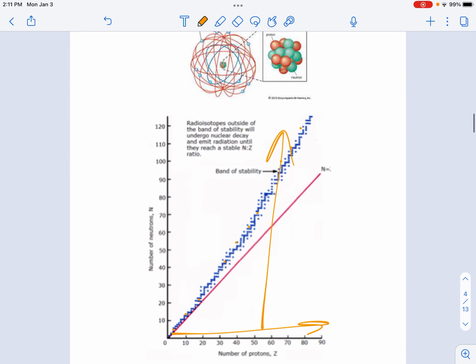The point is that as you get more and more protons shoved into a nucleus, the atoms become less and less stable. And eventually, you'll reach certain points where the number of protons and the number of neutrons that you have aren't right, and the isotope isn't stable.